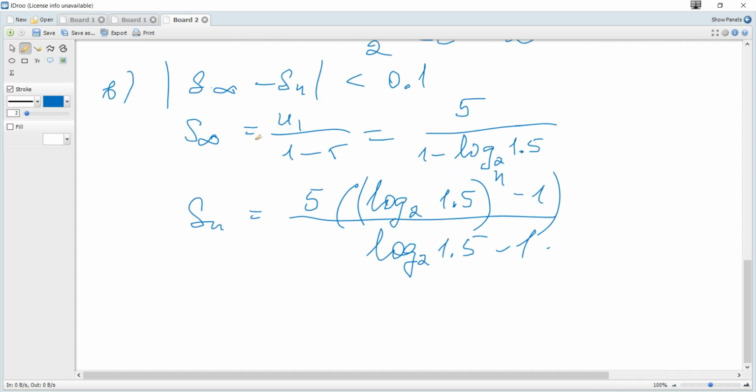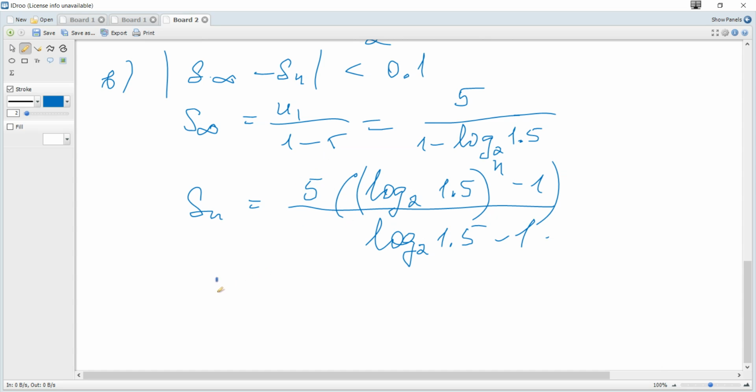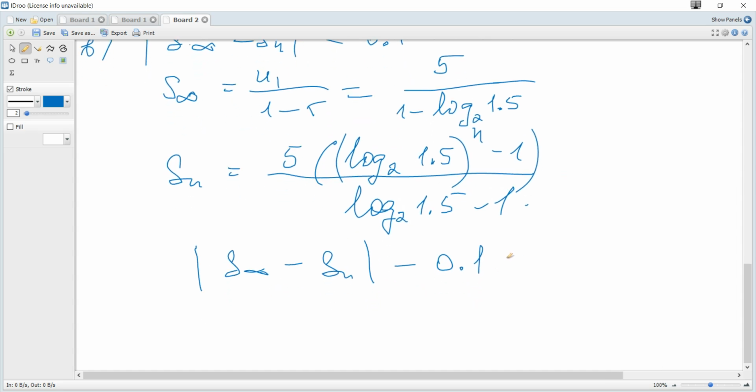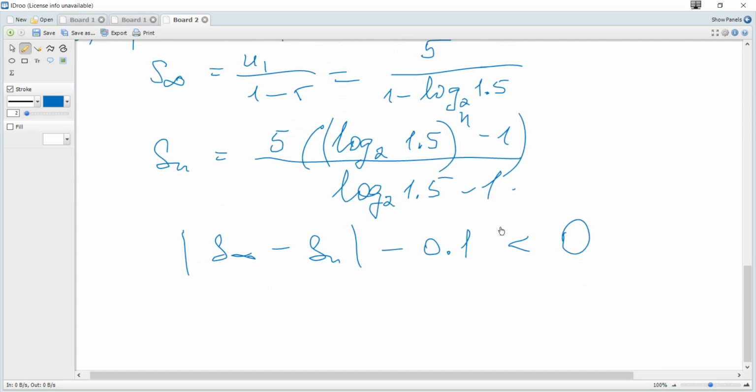You may consider two graphs and then find the point of intersection. I would like to consider one graph, the function absolute value of the difference minus 0.1, and then I need it to be less than 0.